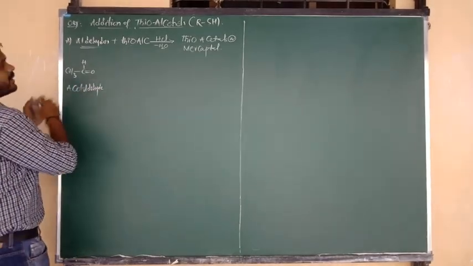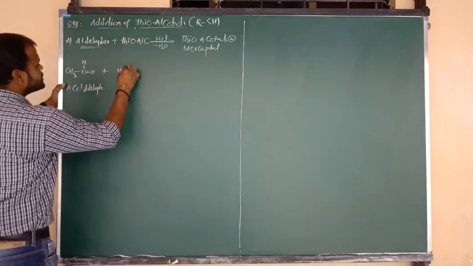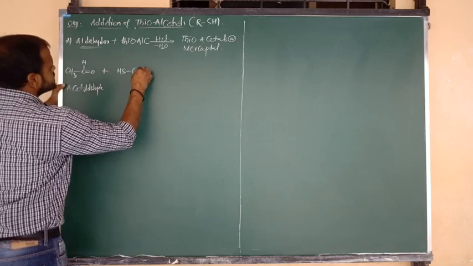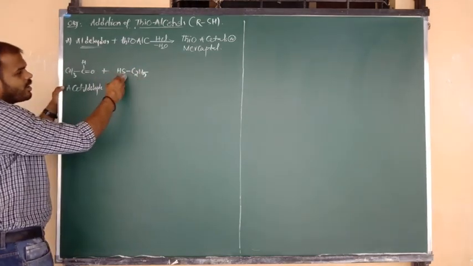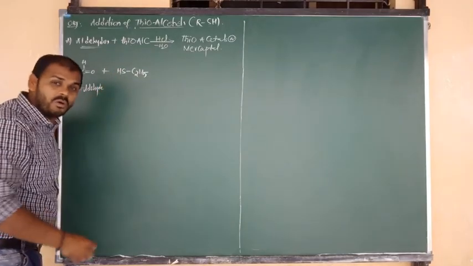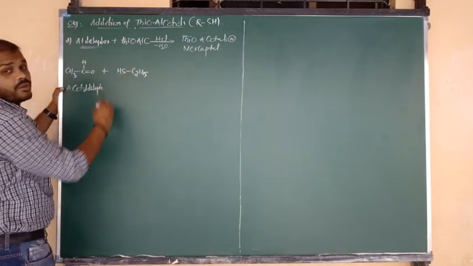What is the formula of ethyl thioalcohol? The formula is HS bonded to C2H5, looking like C2H5OH, but in the place of O I have written S, means ethyl thioalcohol.